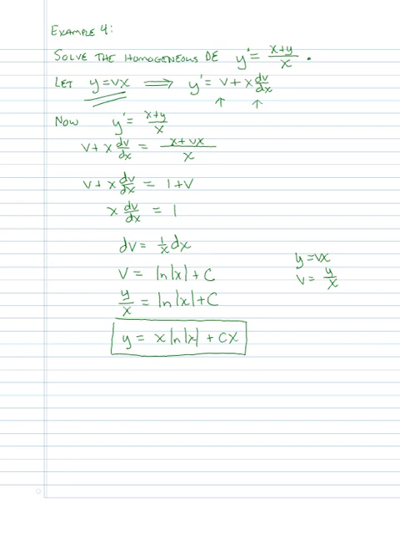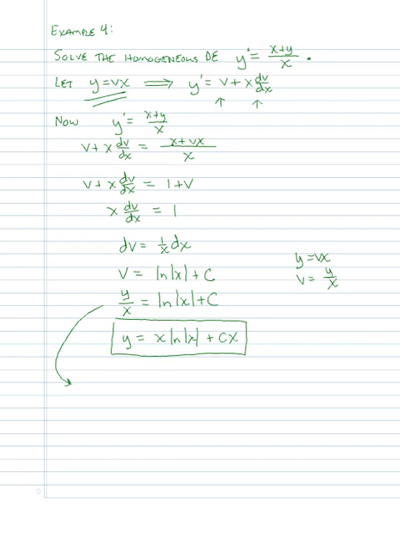Now, I want to show you an alternative here, because this might be something that we would see as an answer, and we don't need to understand where in the world it came from. So rather than solving for y directly, as I've already done, what I'm going to do is first solve for natural log absolute value of x. That is, I'm going to subtract c on both sides.